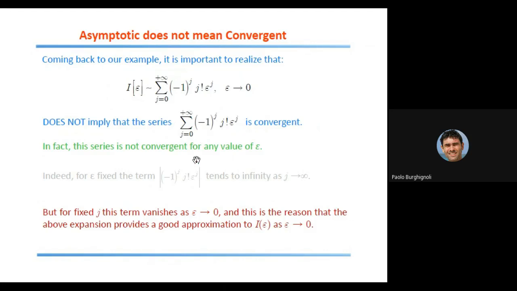The absolute value of its general term goes to infinity as j goes to infinity. However, we will never use this series by summing it. Instead we will truncate it, for example to the first few terms, and this will provide an accurate approximation of our function I of epsilon in the limit when epsilon is a small quantity.